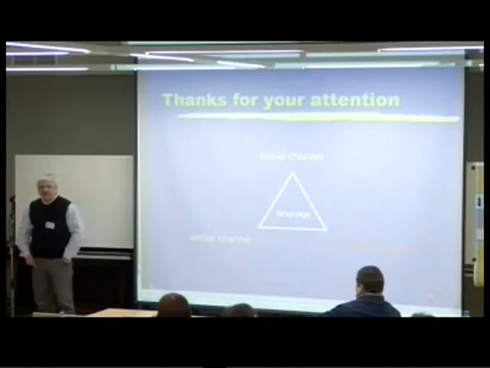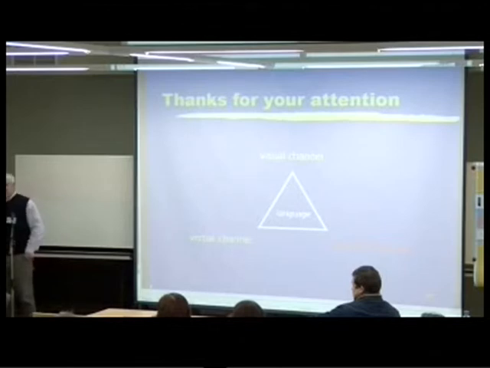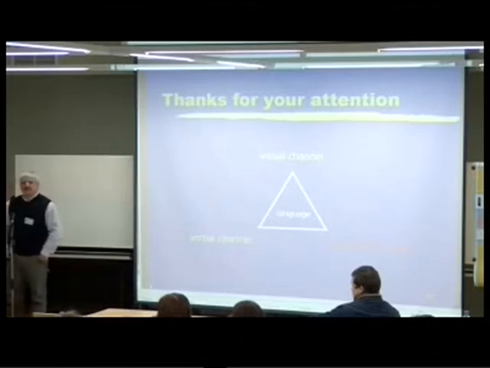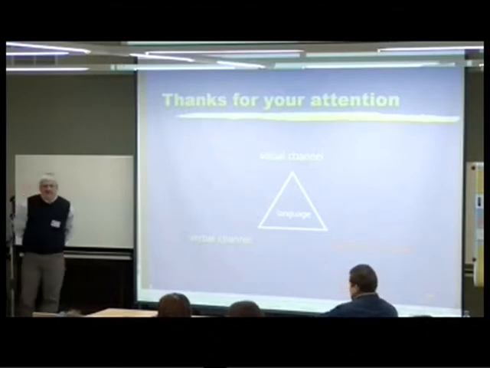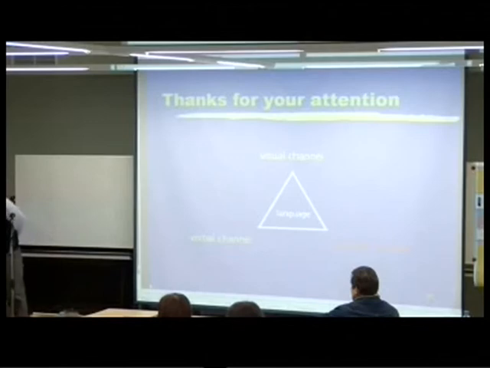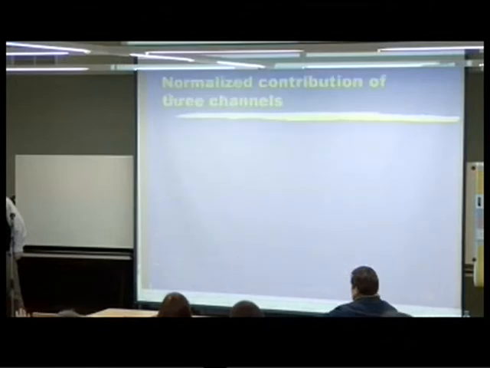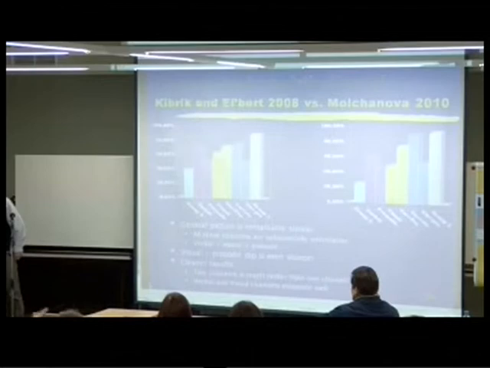Back to the slide of the results, when you showed the graph. Yes, I like that. You interpret the visual plus prosodic information as a difference, whereas I interpret this in terms of gain.